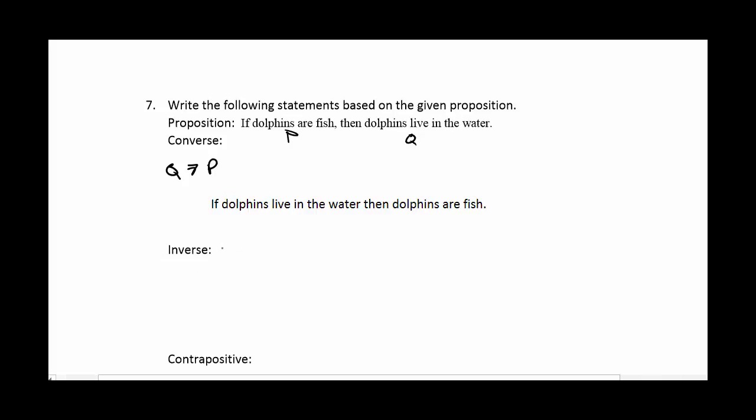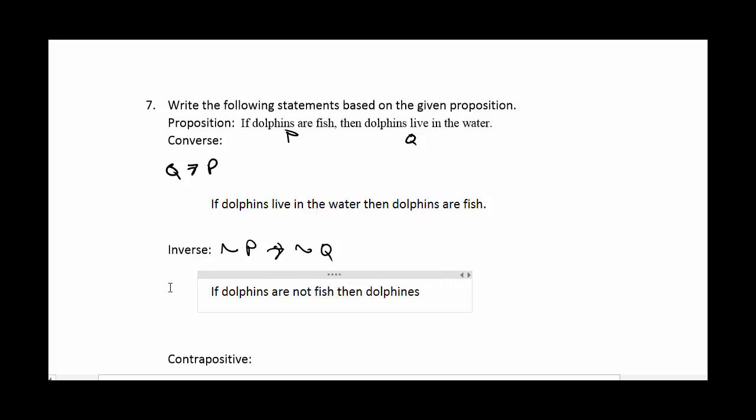Inverse. Okay, so inverse is we take the original, so we make it a not P and a not Q. In other words, just negate the original premise and the conclusion. So if dolphins are not fish, then dolphins do not live in the water.